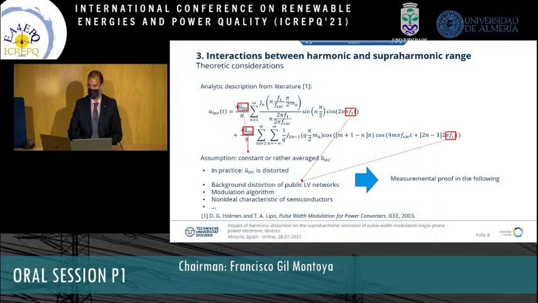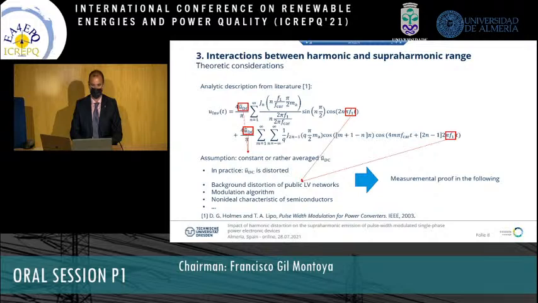We all know that in practice this is not really the case, because UDC is distorted based on the power flow in single-phase inverters, which is not constant but interrupted, or oscillating at twice the power frequency. And of course, our network has a background distortion. All kinds of networks in practice have a background distortion due to other devices that are interconnected.